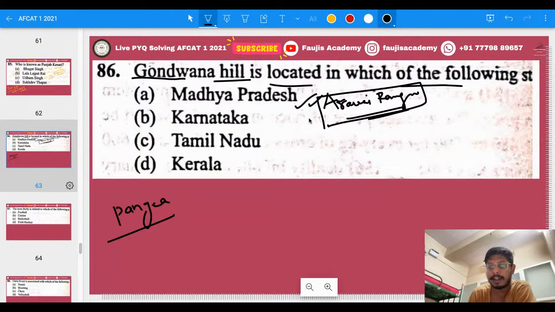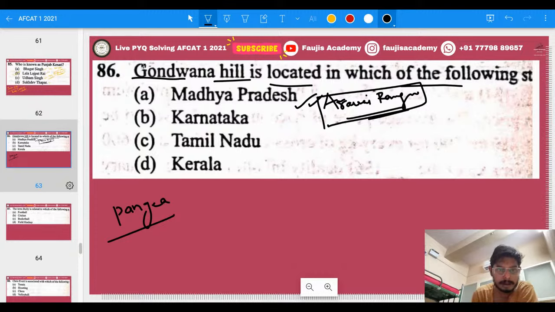Because of the tectonic activity during the time when Gondwana land was there, when the earth was only one single land mass. It kind of broke, tectonic activity happened, and more than one or two plates came and collided with each other, and then these Aravali ranges got formed.